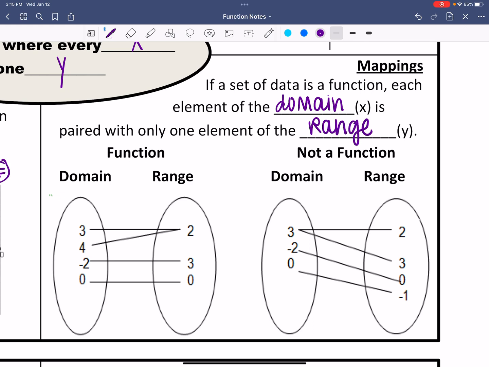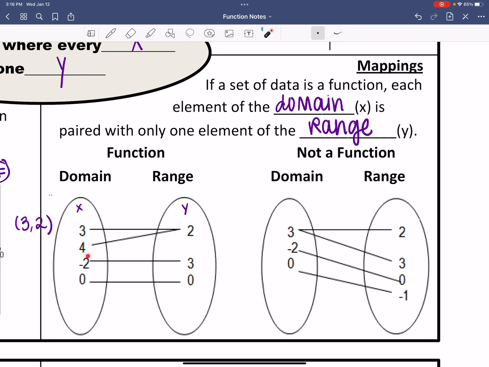So looking here at my functions, I have domains on one side and ranges on the other side. What a mapping does is it pairs your x's with your y values. Here I have an x, which is 3, and it is paired with a y value, which is 2. If I were to write this as an ordered pair, this would be (3, 2).